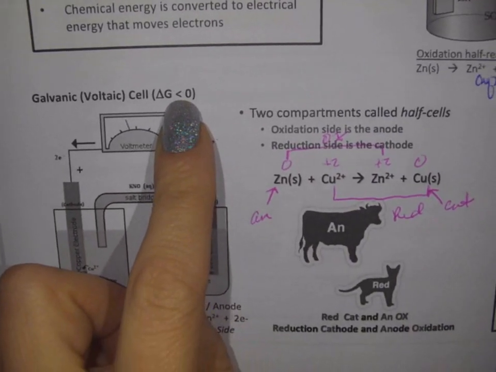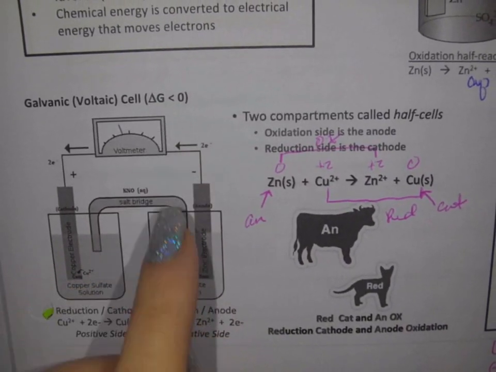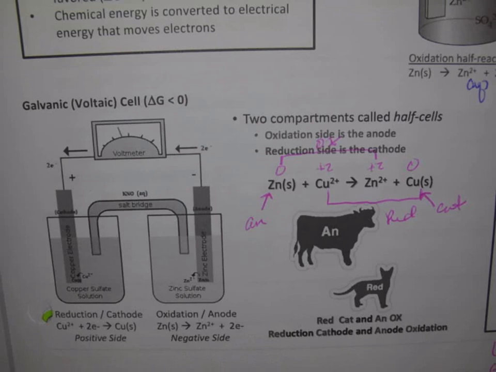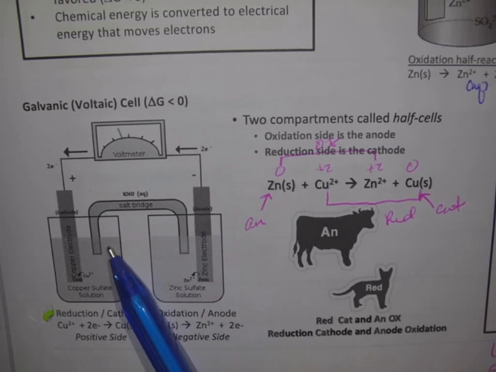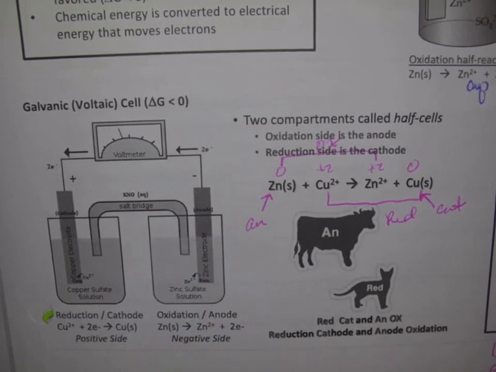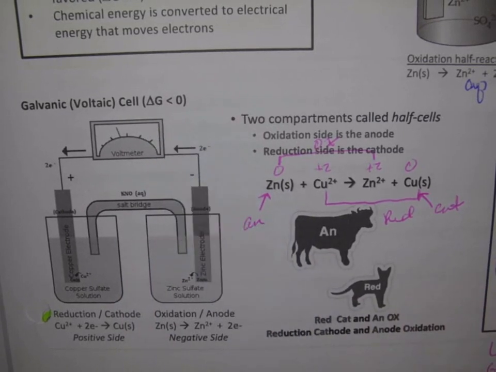Delta G is negative because this reaction is actually happening. Okay, we're getting this movement of electrons. So if we have chosen appropriate metals, and we've put them in ionic solutions with a salt bridge that allows ions to travel back and forth, then we will have a negative delta G. So it's actually happening.